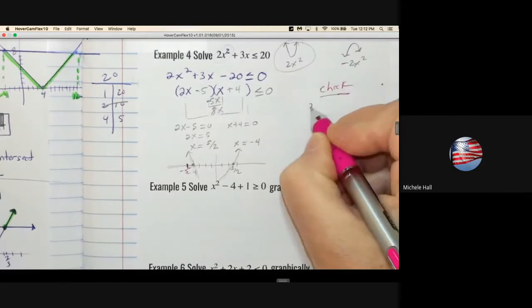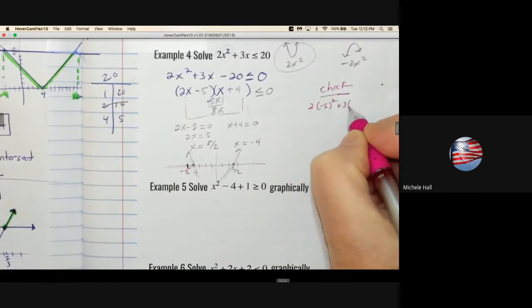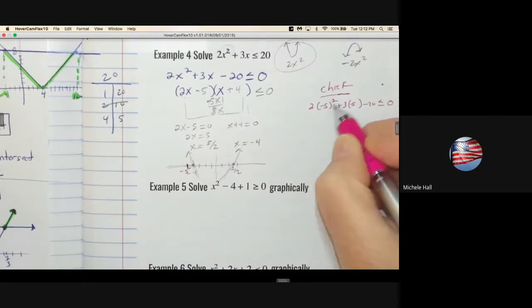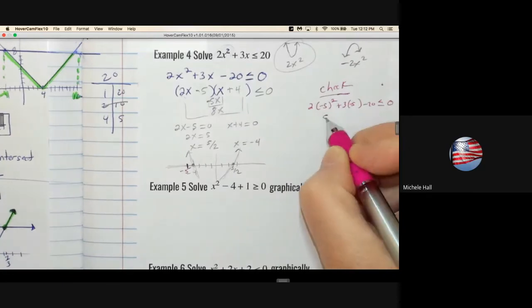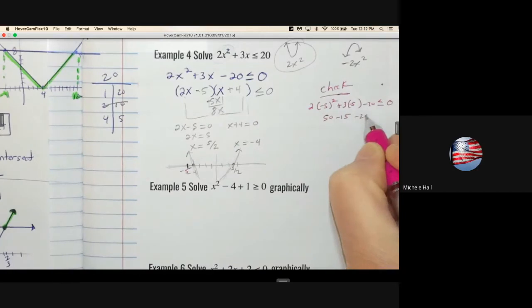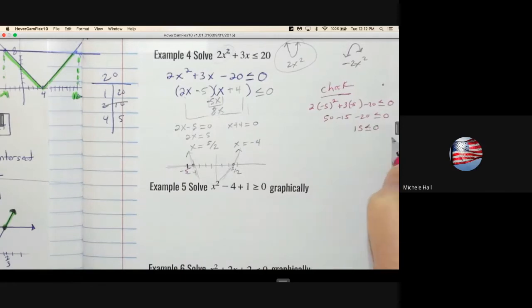We have 2 times negative 5 squared plus 3 times negative 5 minus 20. Is that less than or equal to 0? 25 times 2 is 50 minus 15 minus 20. That's 15. Is 15 less than or equal to 0? No. So the solution could not be over here.